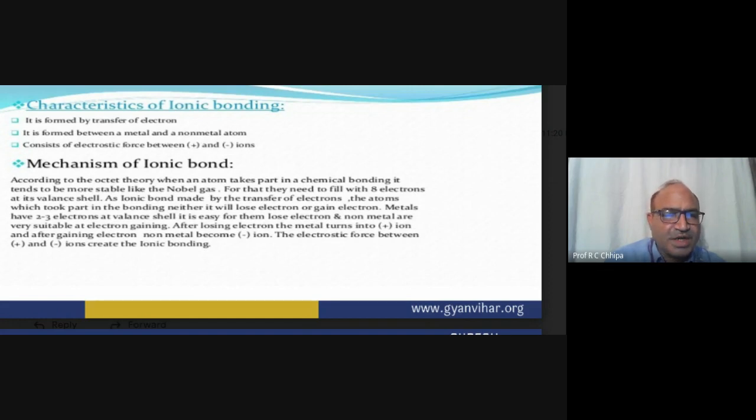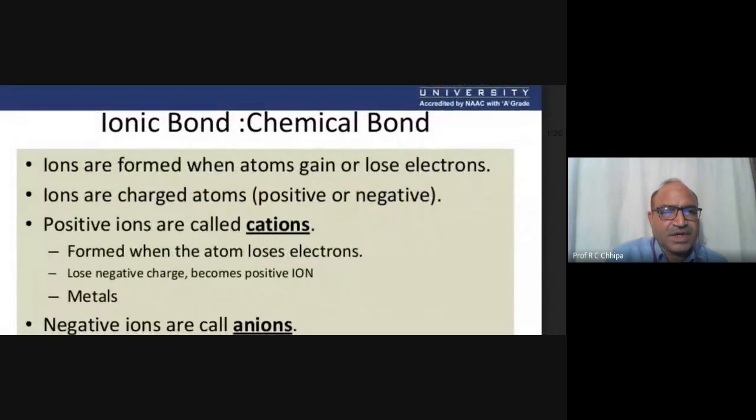Non-metals are very suitable for gaining electrons. So here chlorine gets the electron and becomes the chloride ion, and potassium can easily give the potassium cation. When both combine with each other, the bond forms after the metal loses its electron.